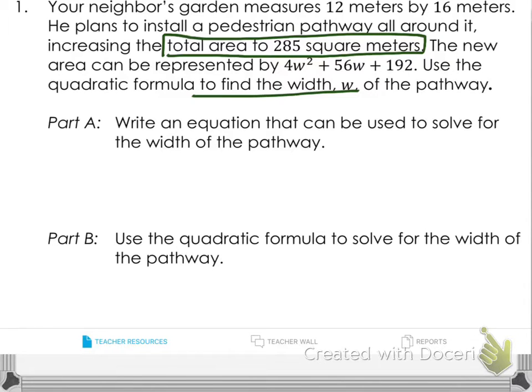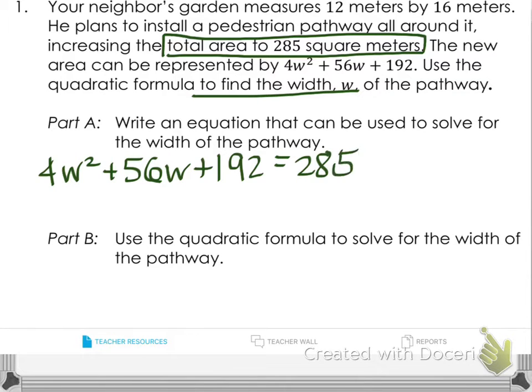Alright, so we know that the new area can be represented by 4w squared plus 56w plus 192, and then it told you what the new total area would be, and that would be 285.